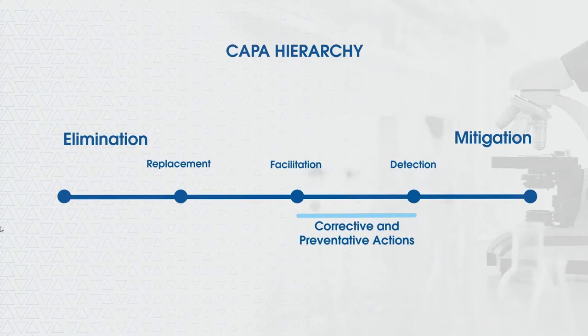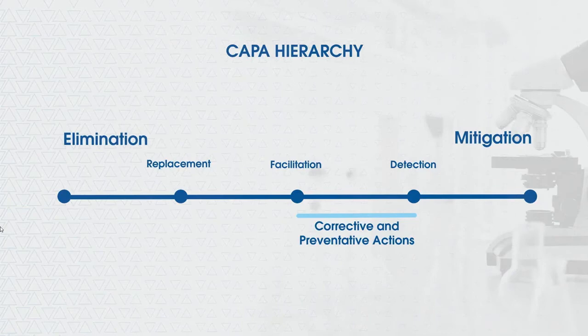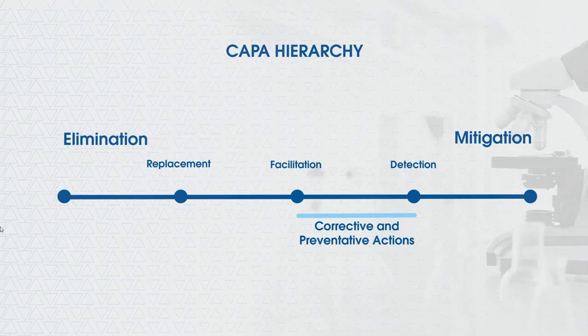They may come up with a way to detect the defect and remove it. They may come up with a way to facilitate a task, but often in doing so, they're adding complexity, adding steps to an SOP. And what we want to do is encourage investigators to move up the CAPA hierarchy and identify ways to replace the technique, to replace a step, or eliminate the root cause altogether.